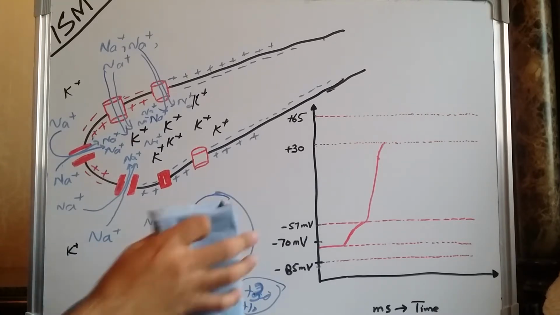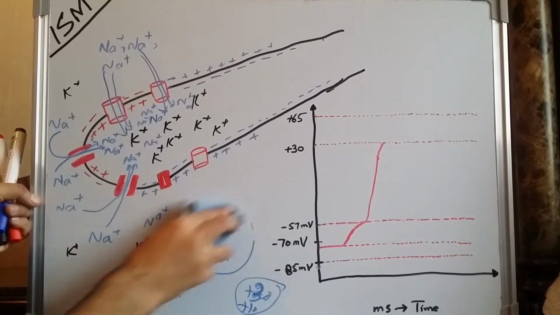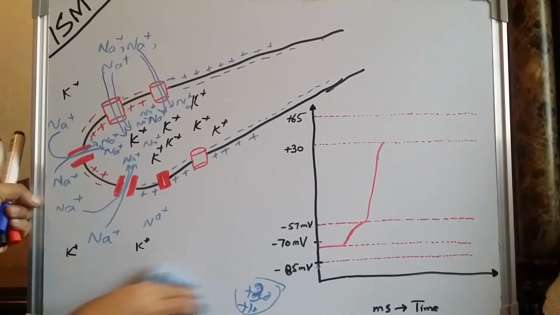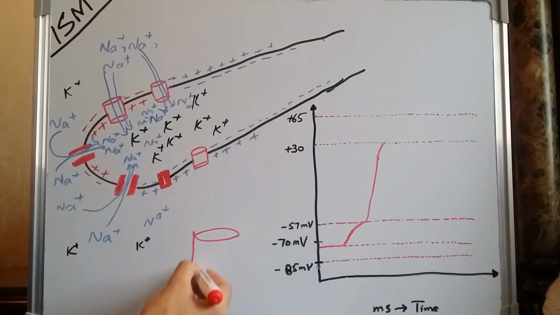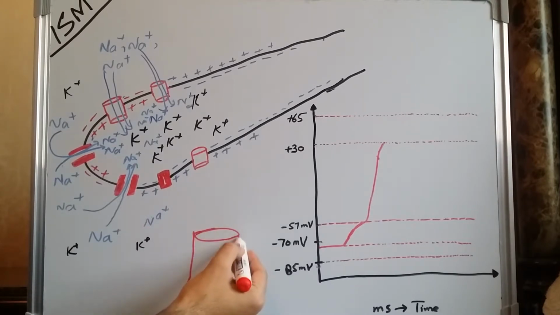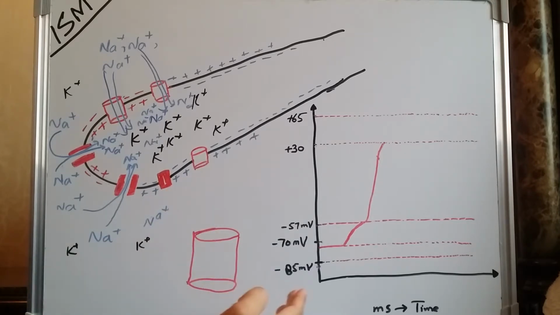Suppose we know that the equilibrium potential of sodium is plus 65. So whenever these gates open up, more and more sodium rushes inside, and it wants to touch its equilibrium position. So this is the gate. Whenever this gate opens up, more and more sodium goes inside, and it depolarizes and wants to touch the plus 65 potential.